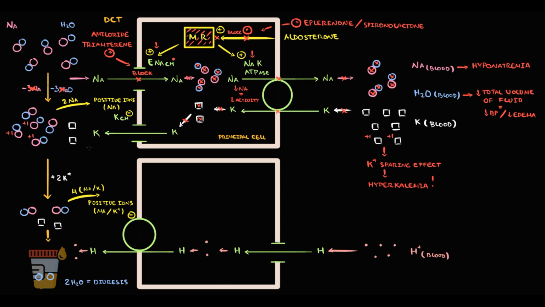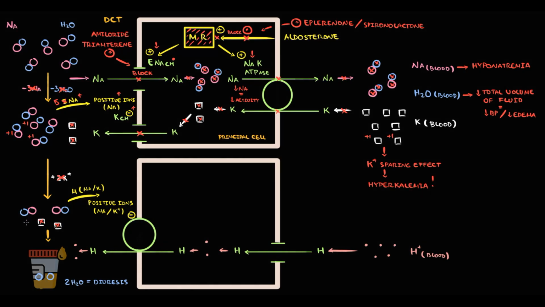And now it's not just 2 sodium molecules, it's 5 positively charged sodium molecules in the lumen, and they will provide a stronger inhibition of potassium channels. So now there will be no potassium flux through the potassium channels. As a result, there will be no potassium ions in the lumen of the collecting tubule.